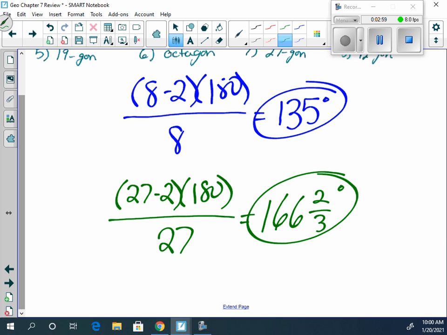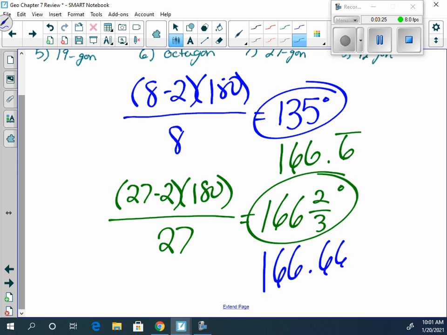So if we put a decimal, 0.66, at least go to 2 places. Yeah, because this here is the same thing, isn't it? As long as it's the exact same form of the answer, I'm fine with it, no matter how it looks, as long as it is the same answer. Because we could say 166.667, so it's still the same answer.